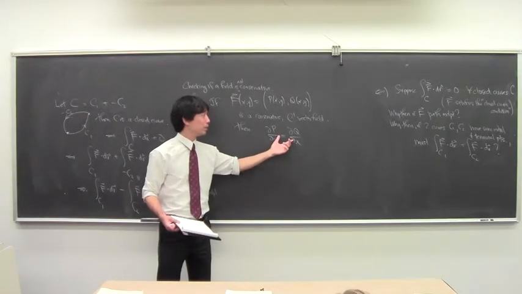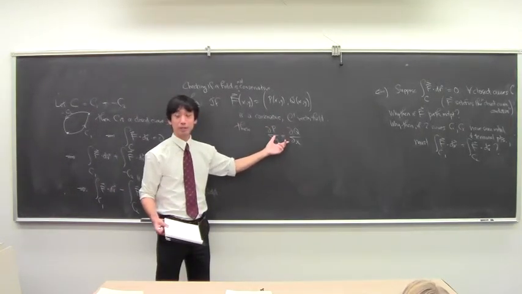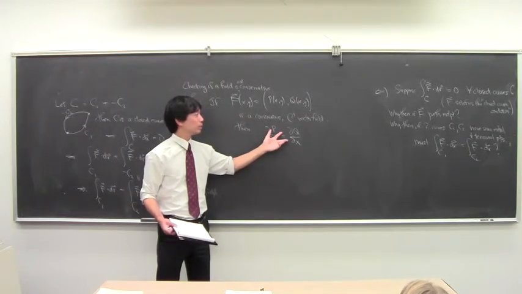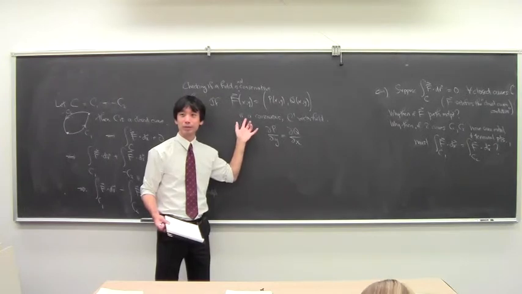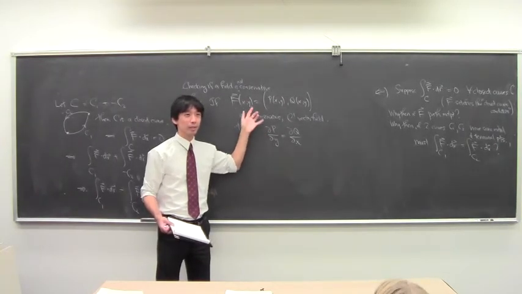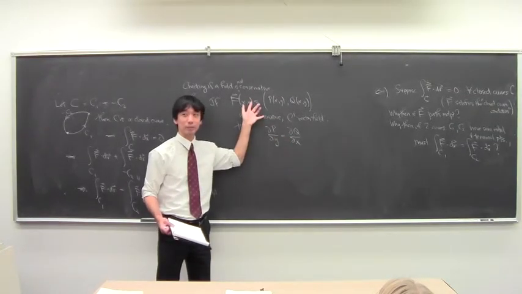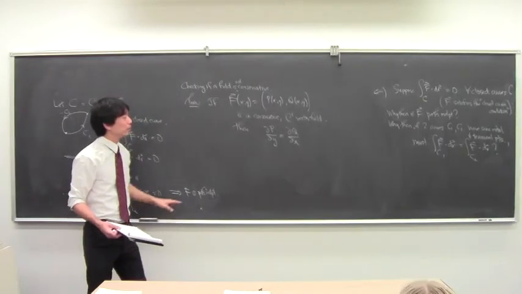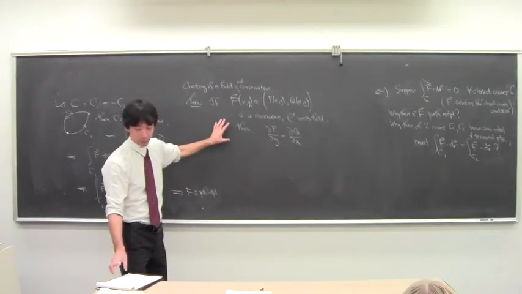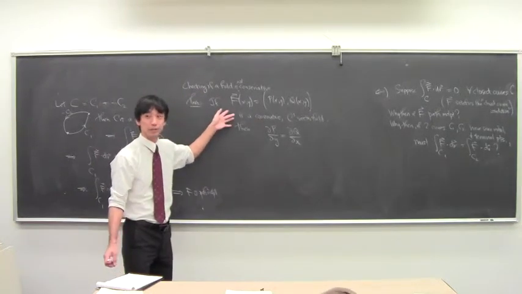If this doesn't happen, then you know your field wasn't conservative. But at this point, we don't have anything that says something is conservative. We only have a tool that says something's not conservative. Is that clear? If it is conservative, then this is going to happen. If this doesn't happen, it must not have been conservative. So this gives us a way of checking if a field is not conservative.